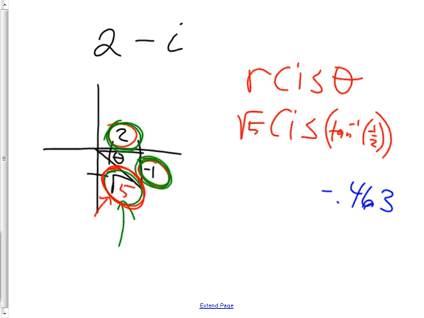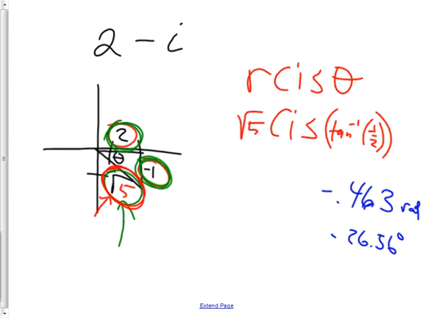Was that in degrees or radians? Okay, who did it in degrees? But either way, what's in common about those two? They're both negative.